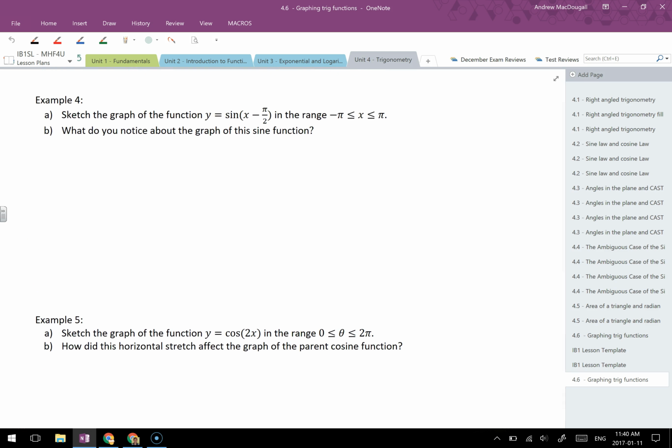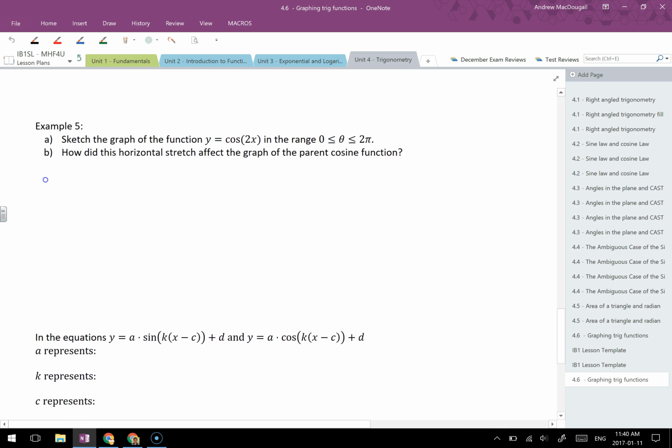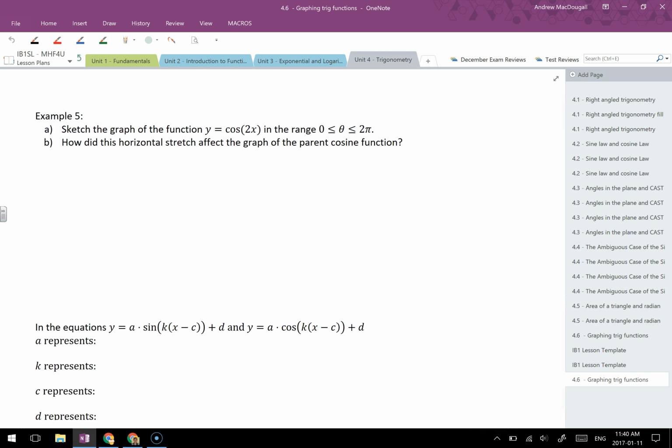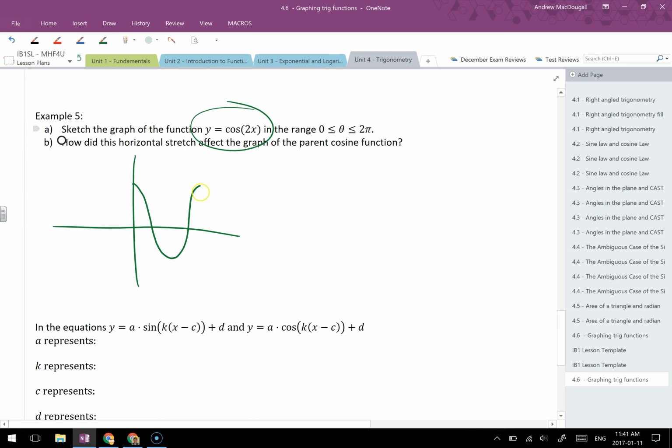Example 4 is done for you on the posted version of the handout with the filled in. So let's look at example 5 because that's very important. So here we have a horizontal stretch of a half. So what that means is, well, the period is actually going to be a half. It's going to look like cosine, but instead of this being 2 pi, this is just, oops, this is just now pi.